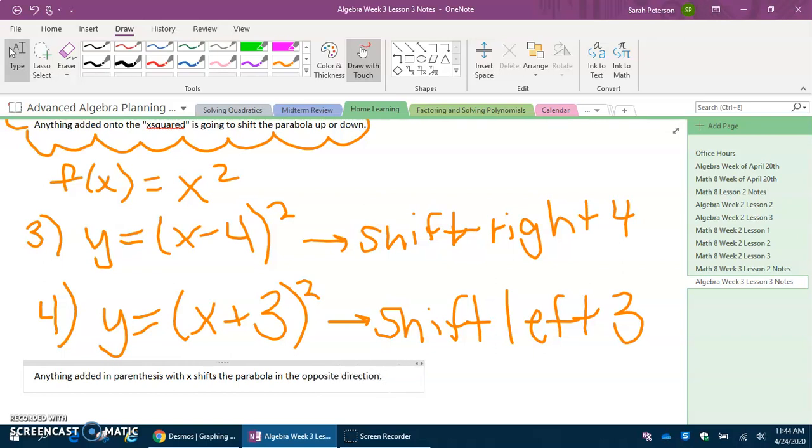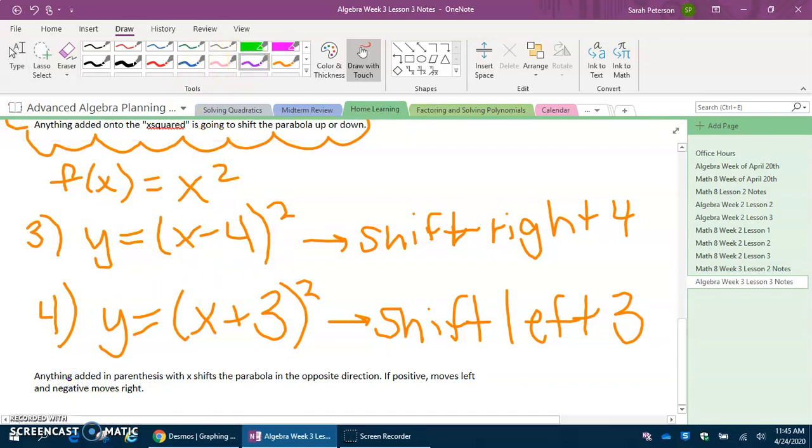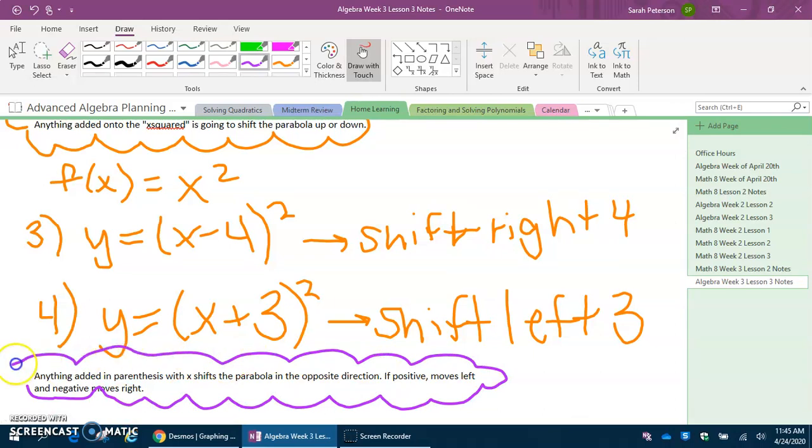So, and I'll even add, if positive it moves left, and a negative moves right. Okay, so that's the rule whenever you see something that looks like that and how it transforms. I'm going to put that as something I want to remember as we move forward.